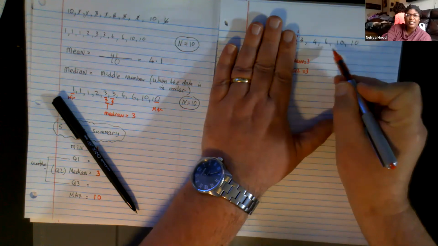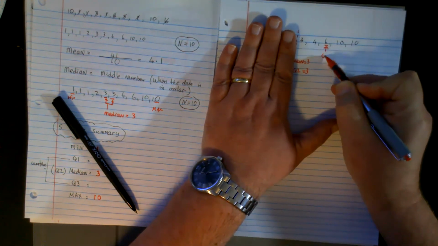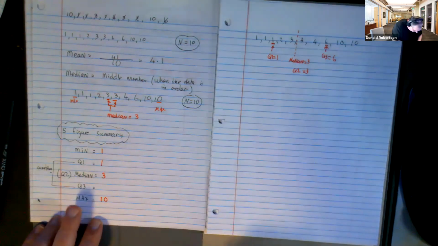Is it 6? It is. 6. Agreed. Does that make sense, how I calculated Q1 and Q3? So Q1 happens to be 1 and Q3 happens to be 6.